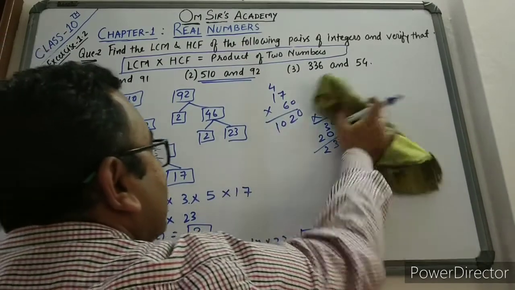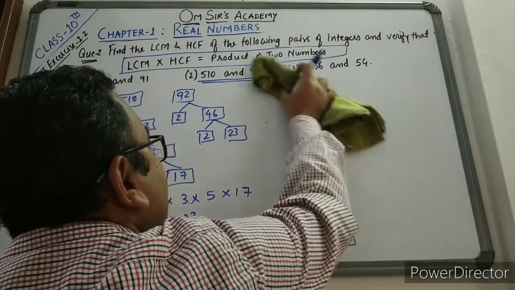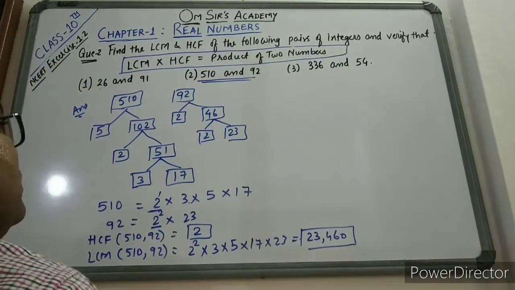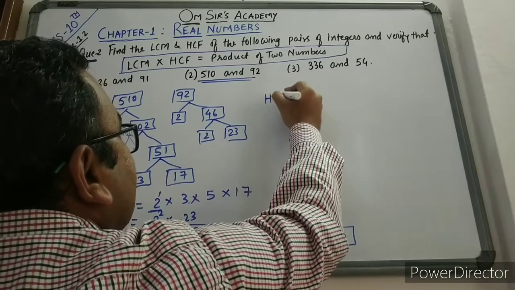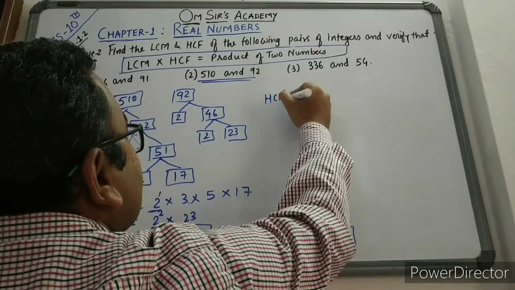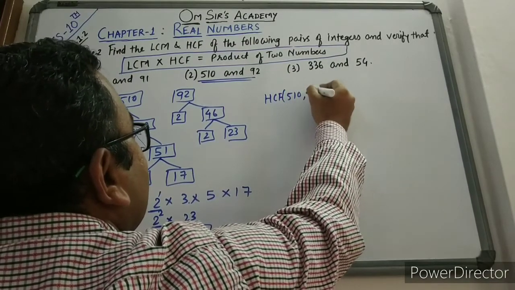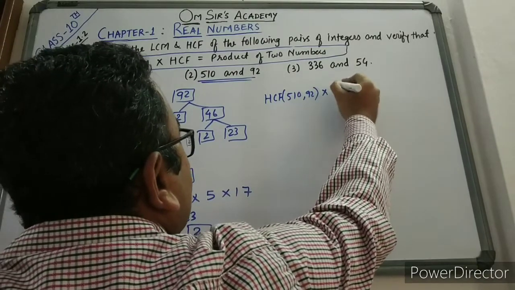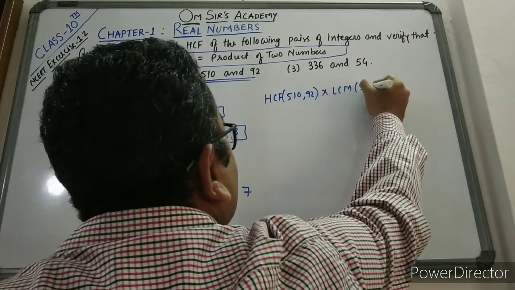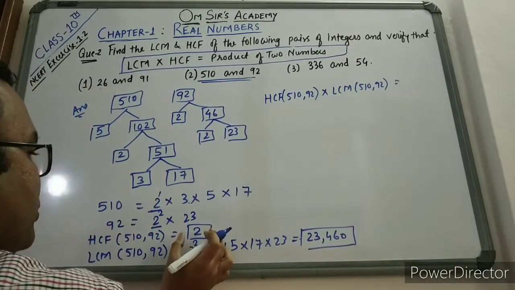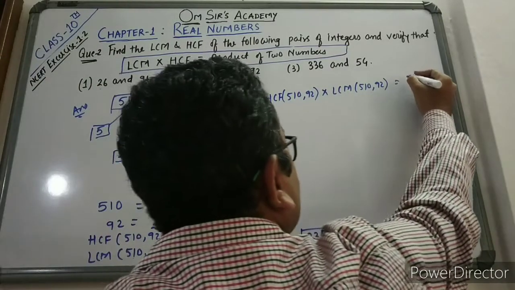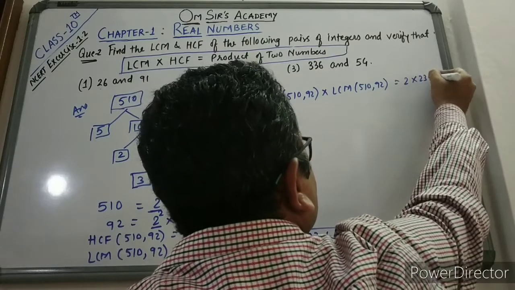Now let us check and verify whether this is true or false. Now see friends, first of all the HCF of these two numbers 510 and 92 into the LCM of these two numbers 510 and 92 is equal to, multiply both, so 2 into 23,460.